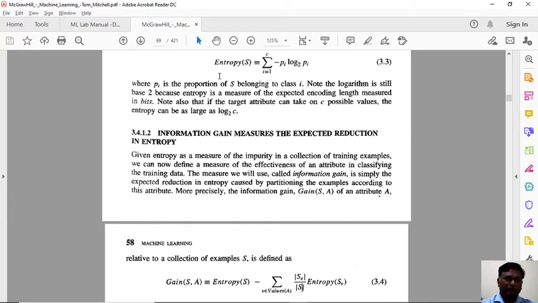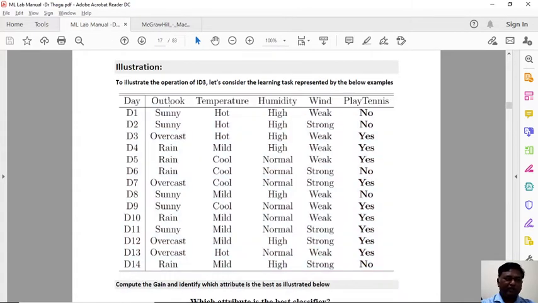The entropy formula is formula 3.3 here: the summation of minus pi log2 pi. First you find the entropy, then you apply it here, and for each subset of the attribute values you find the gain. So the point is you have to find the gain of the 4 attributes. Out of these 4 attributes, which attribute has the maximum gain?